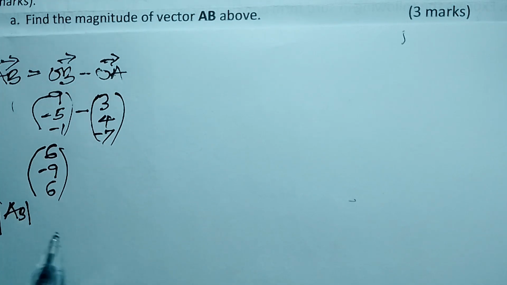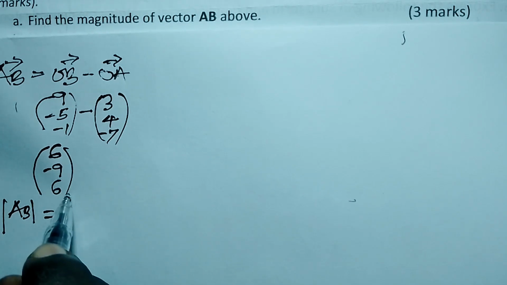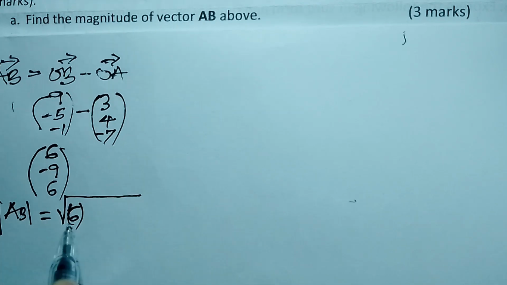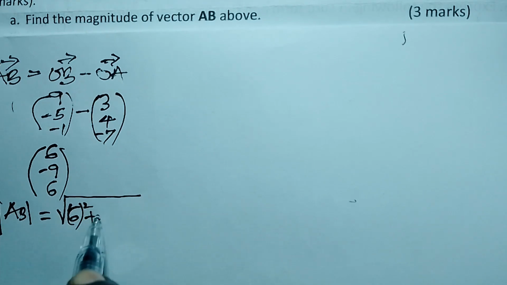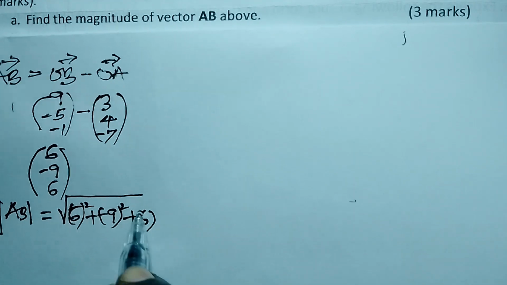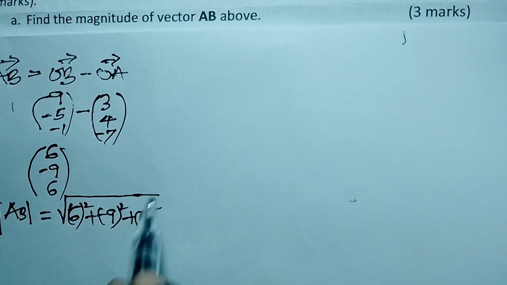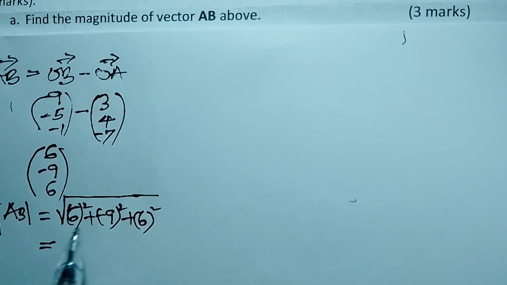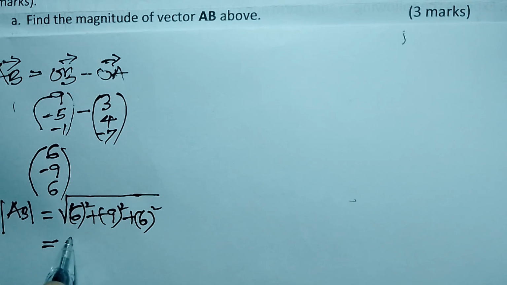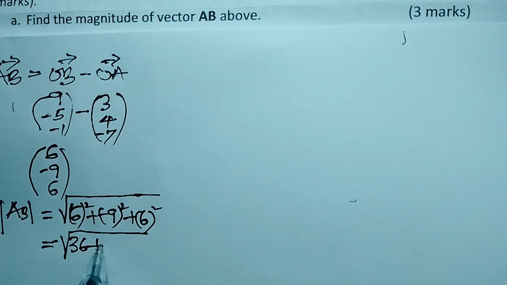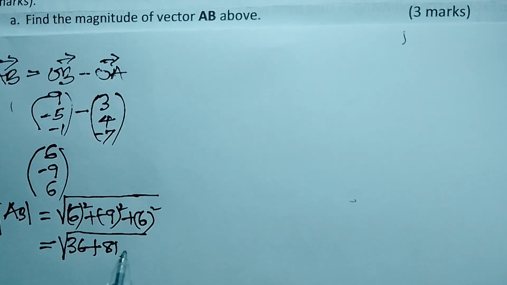So to get the magnitude of vector AB, or the modulus of vector AB, that will be given by the square root of 6 squared plus negative 9 squared plus 6 squared, all under the square root sign. 6 squared gives you 36, negative 9 squared is 81, plus positive 6 squared, 36.